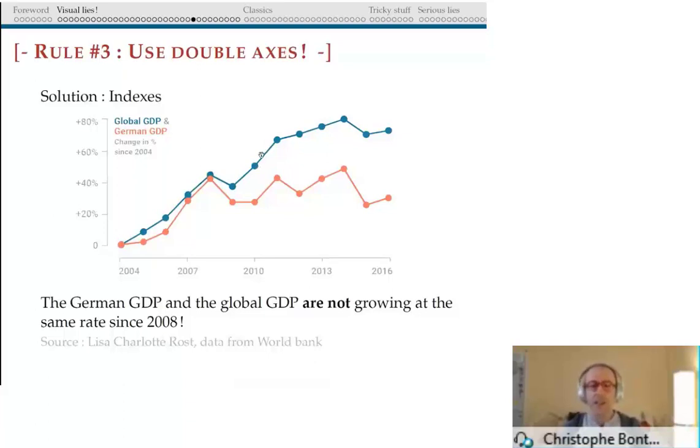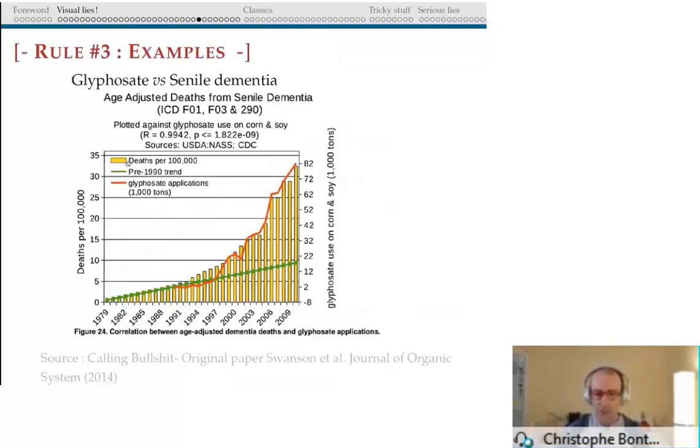So you will tell me, yes, it's just an example. Also, once again, and maybe just for fun, a paper that I found on a very nice website named Calling Bullshit. You could click on the paper. Here, the bars are the deaths per 100,000 inhabitants, deaths from senile dementia.